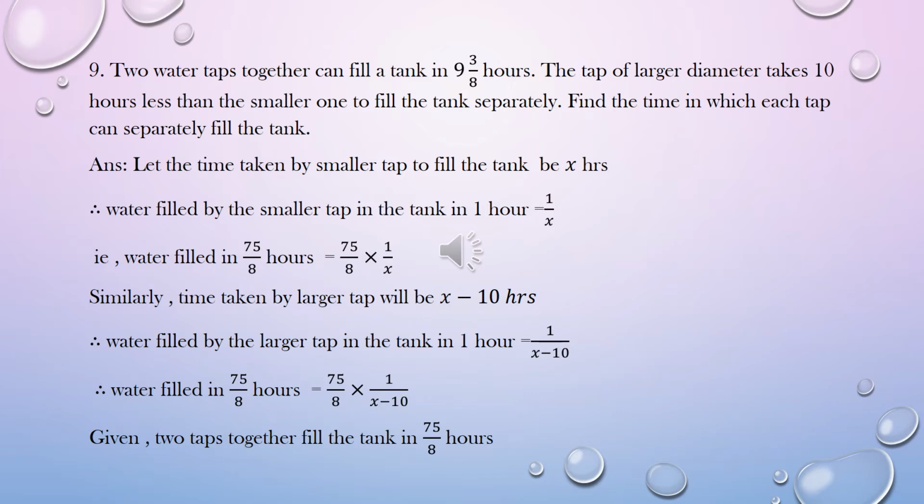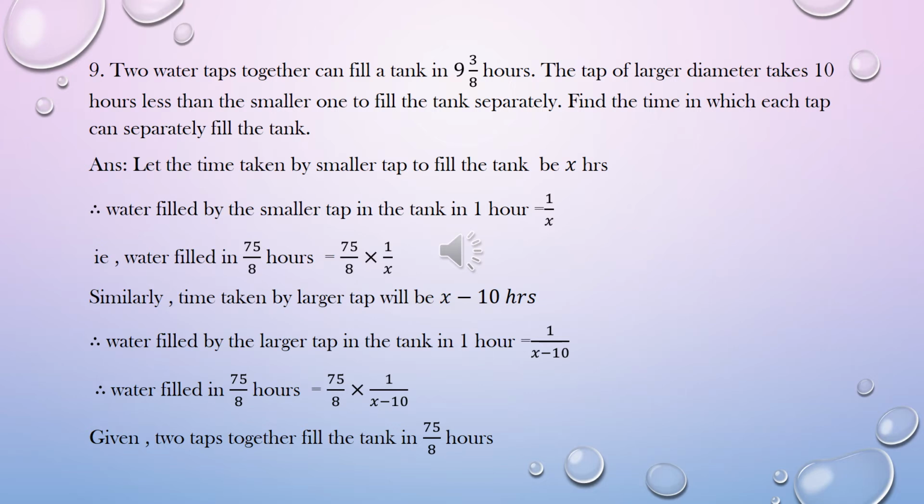So automatically in 1 hour we can say the tank will be 1 by x full. As it is given, both the taps together will fill the tank in 9 3 by 8 hours. Water filled by the smaller tap in 75 by 8 hours is equal to 75 by 8 into 1 by x.